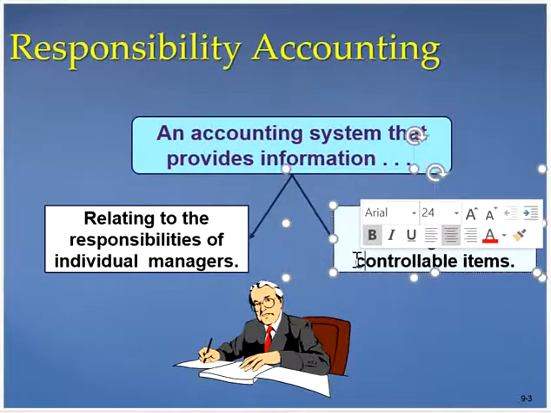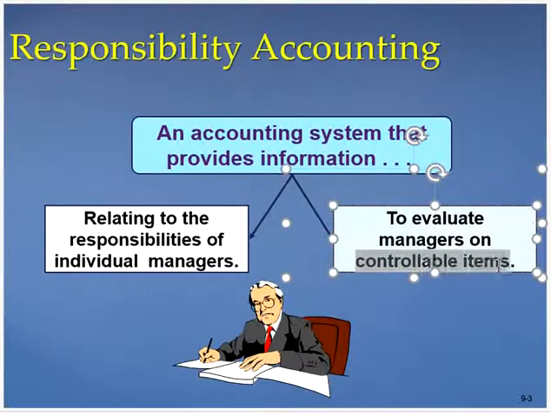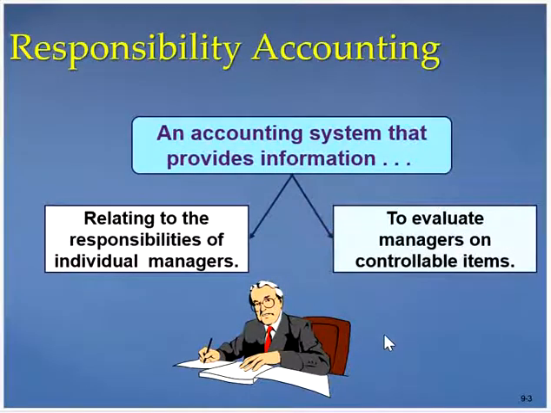What are the controllable items for that manager? You make him accountable, whether he gets credit or blame. It is an accounting system that assigns responsibilities and makes managers accountable for them.